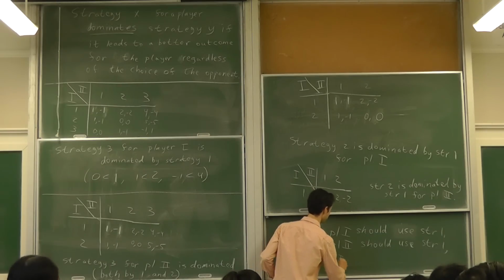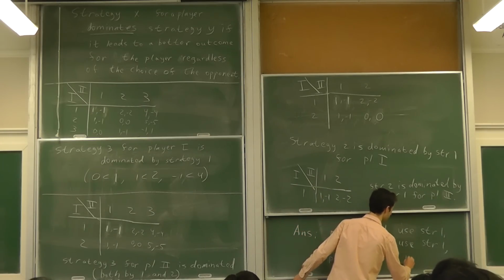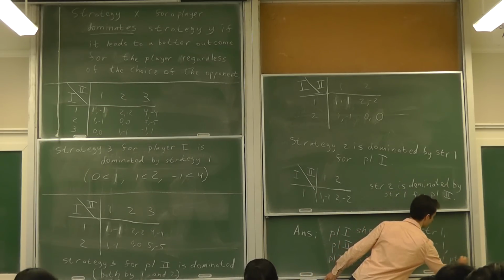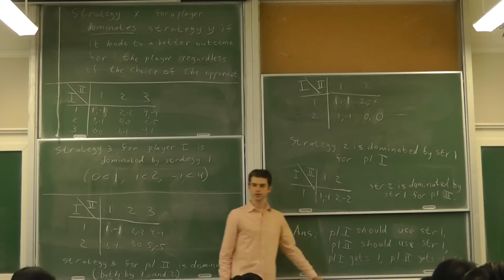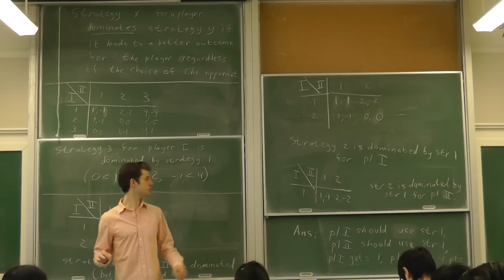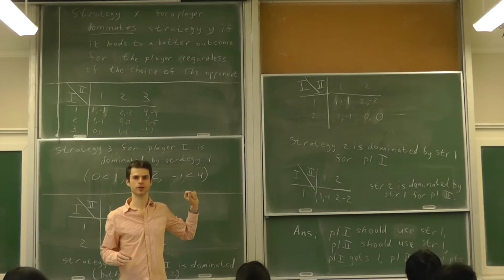Player 1 gets 1. Player 2 gets -1 points. So now we see that the best strategy for both players is choosing 1 for the first player, choosing 1 for the second player.